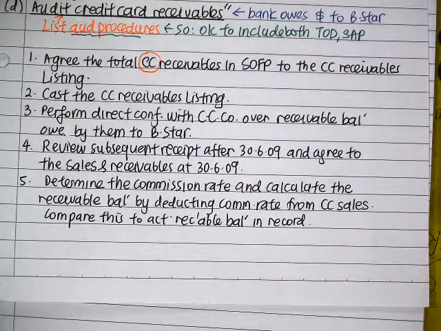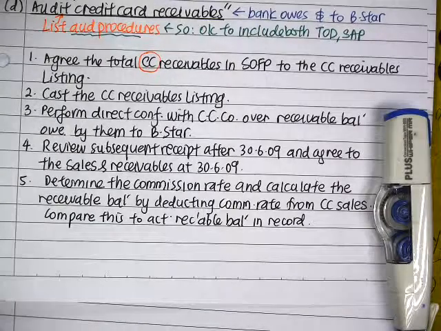Now the credit card companies normally take a fixed number of days to settle the balance because they usually follow this kind of procedure. So if they say they'll pay every 5 days, then you calculate the receivable days. You notice the receivable days must be consistent.